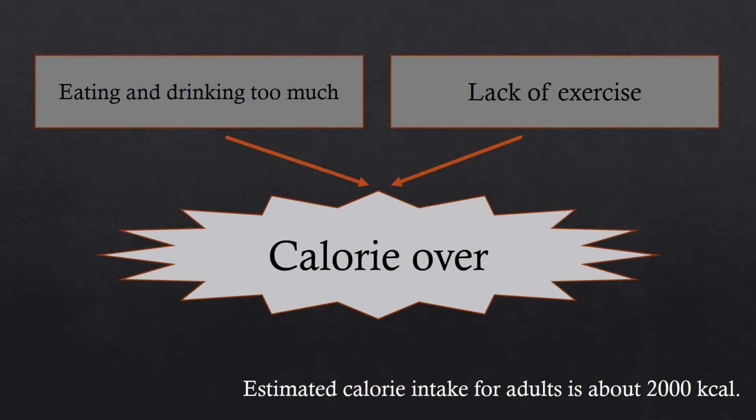Also, since the estimated calorie intake for adults is about 2000 calories, you should aim for that degree of calorie intake. Also, it is better if you consume that many calories.